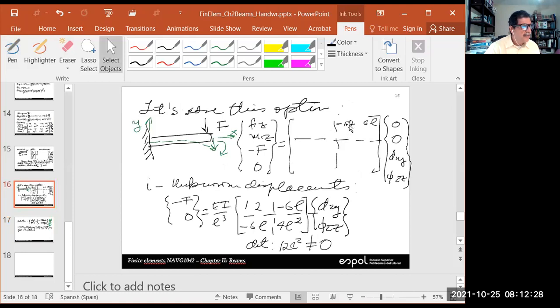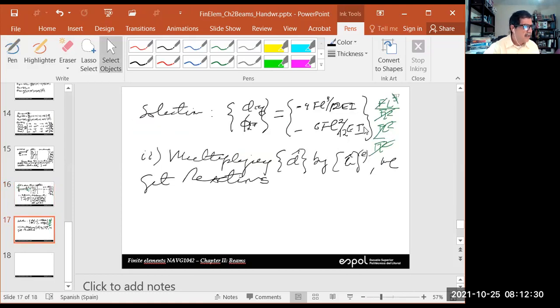Okay? And the result is going to be, let's do it. It's minus 12 and 6L. So F1y is going to be minus 12 times FL squared over 12EI. This is common, except this is minus 4L. So this is multiplied by minus 4L.